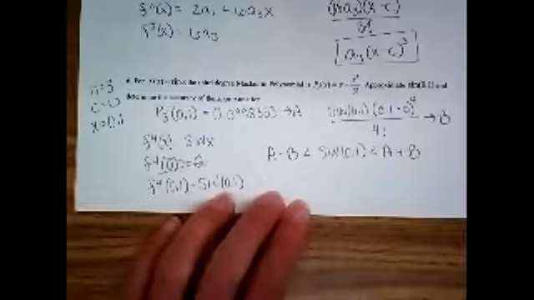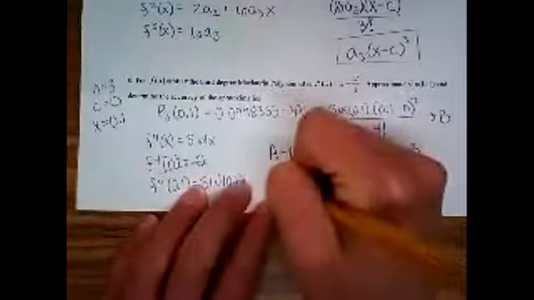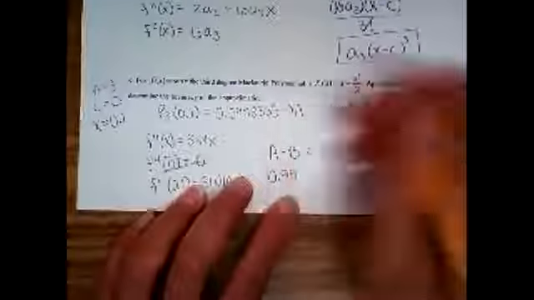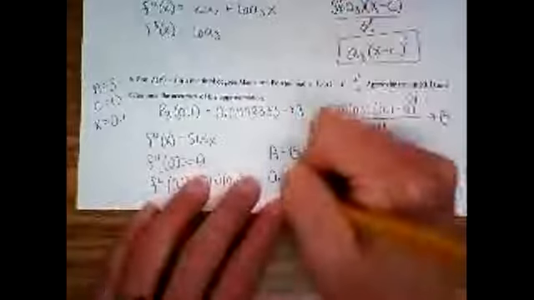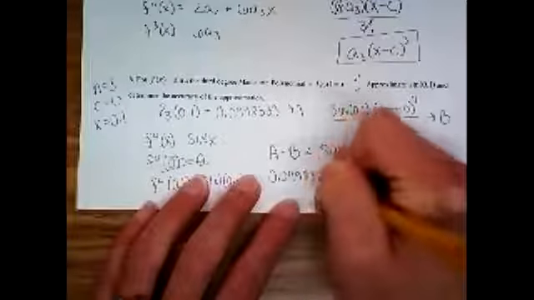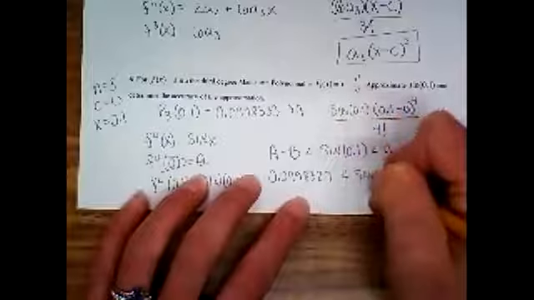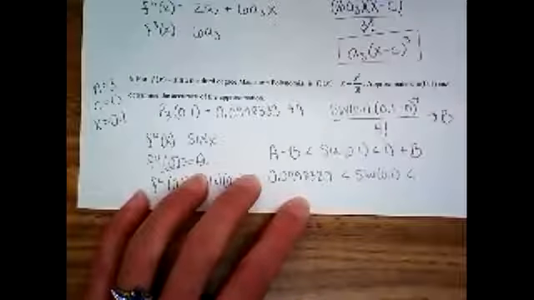Okay, so we're going to do a minus b. And again, you're going to have to do a lot of decimal points because the first several are all the same because it's very accurate. 0.0998329. And then on the upper end, a plus b.